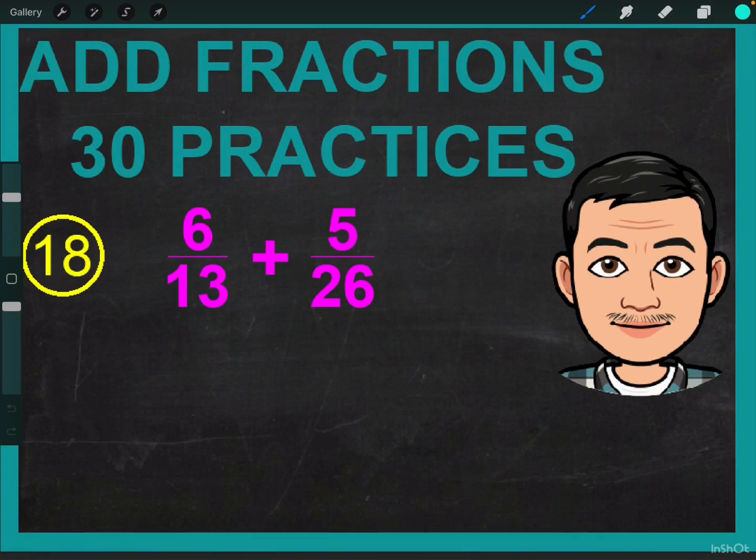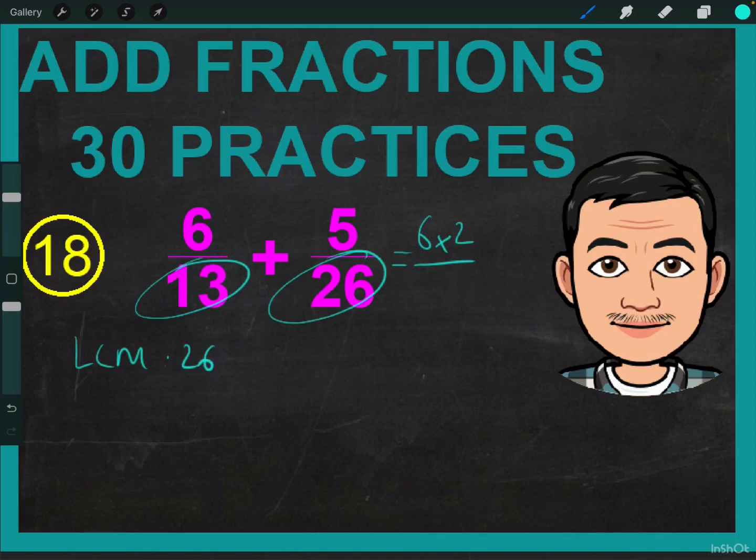Practice number 18. We have two fractions with different denominators, 13 and 26. And we can see that 26 is double of 13. So the LCM of 13 and 26 is 26. So for the first fraction, we times 2 to both the numerator and the denominator.